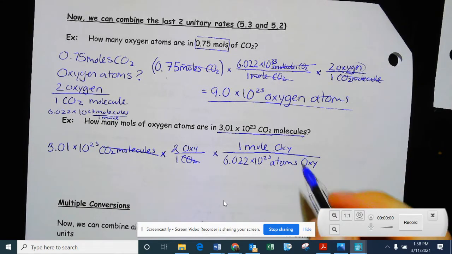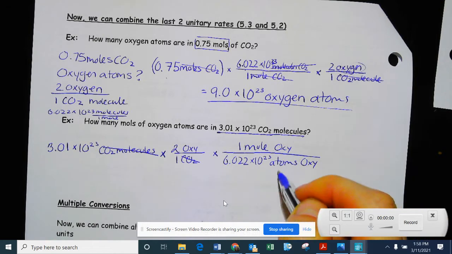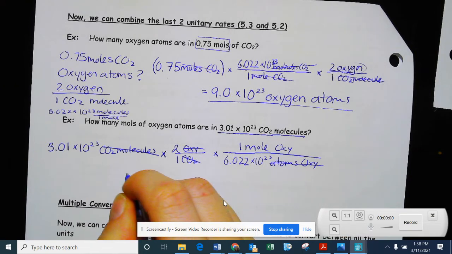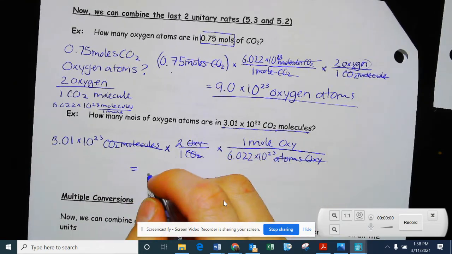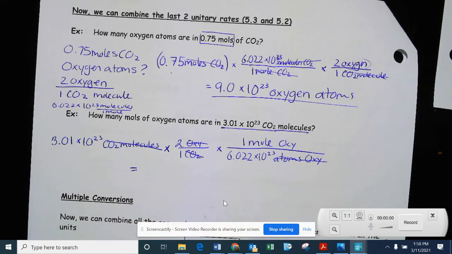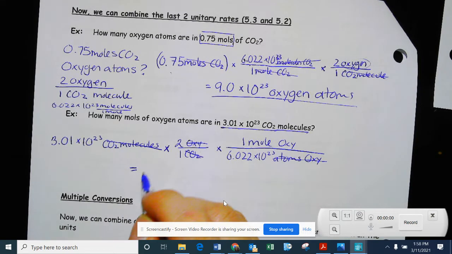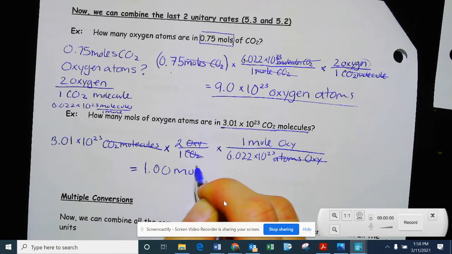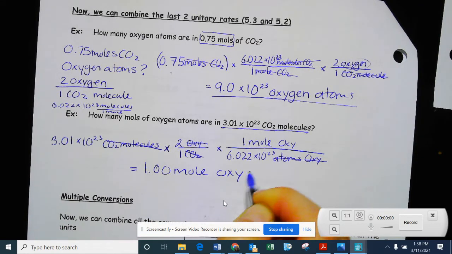So if I do that, I've canceled out my oxygen atoms and I'm left with moles of oxygen. And if I do that math, I should actually have exactly 1 mole. Yeah, 3 times 2 divided by that. Okay, awesome. So there's actually 1.00 mole of oxygen.